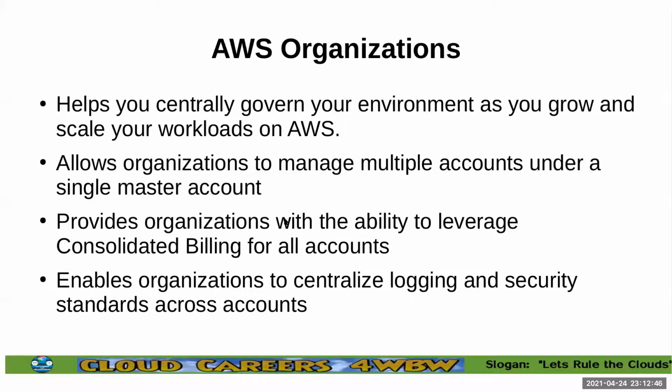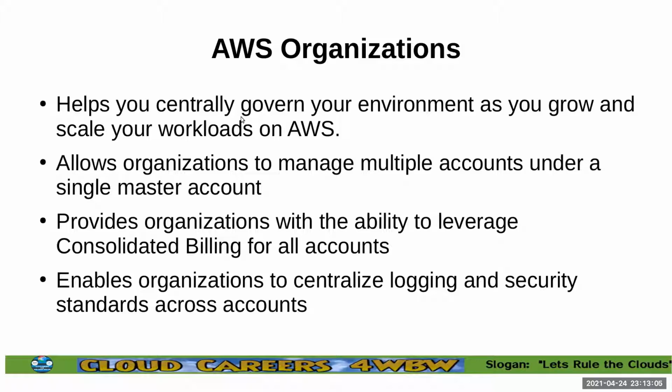AWS Organizations, again, I brought this here because we are talking about cost. With AWS Organizations, you have the ability to leverage consolidated billing for all your accounts. Remember that with AWS Organizations, you centrally govern your environment as it grows.